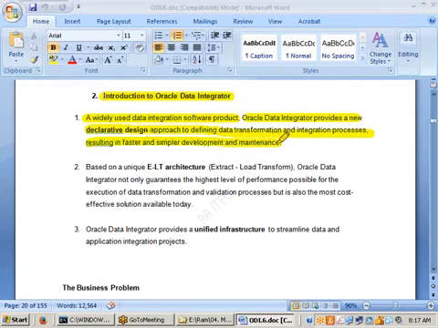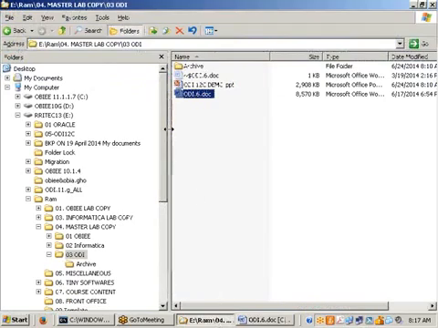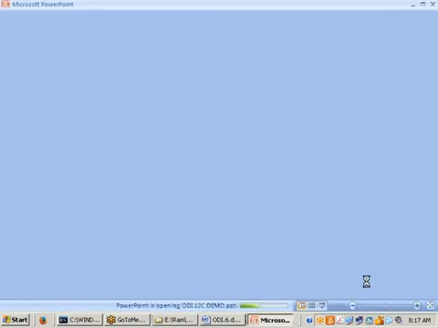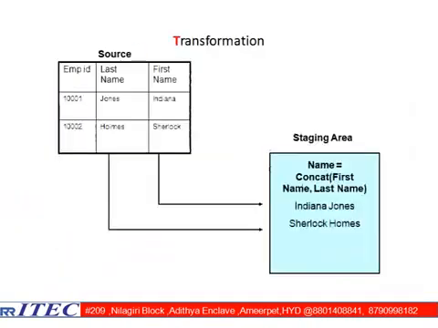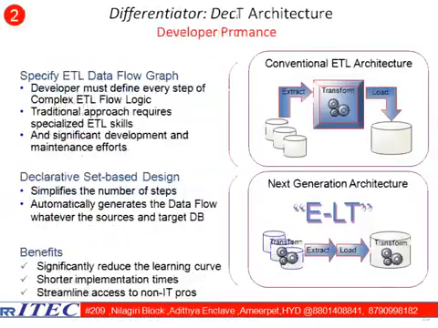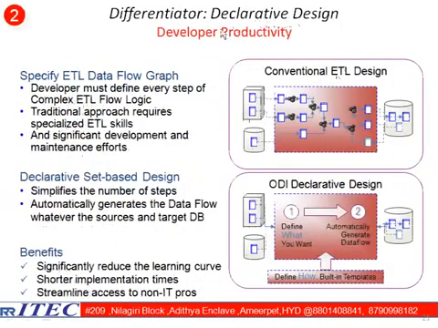People are already aware of what declarative design means. Yesterday we saw the top 3 reasons for going for ODI. Here we have the declarative design: what you want, we define it, and then it automatically generates the required code for you. This is called declarative design.